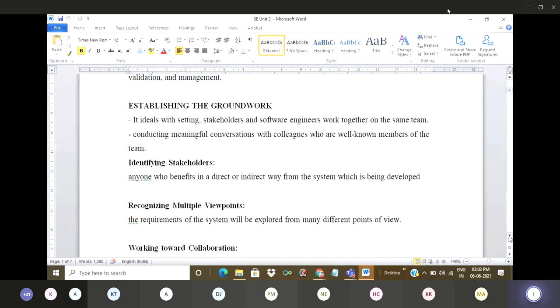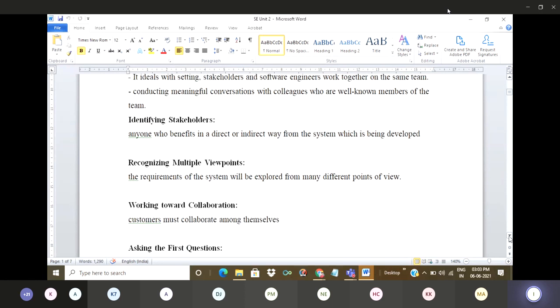Then identifying stakeholders: anyone who benefits in a direct or indirect way from the system being developed. Second is recognizing multiple viewpoints, where the requirements of the system will be explored from many different points of view.